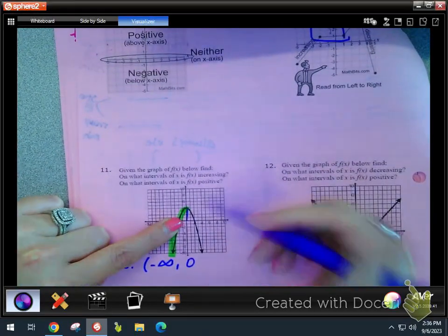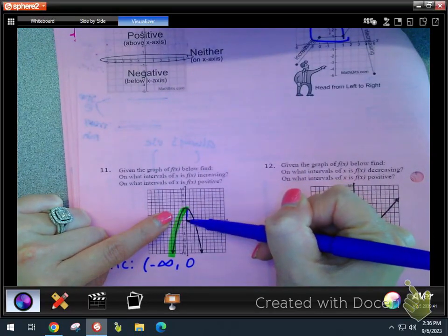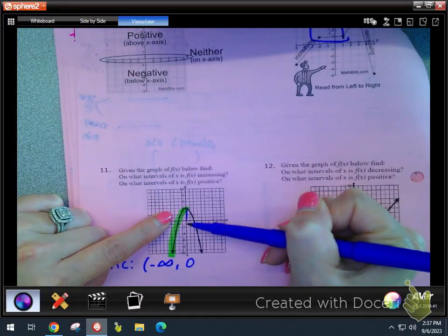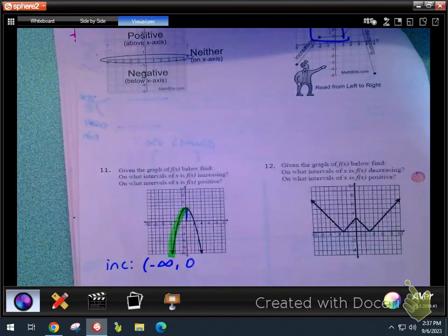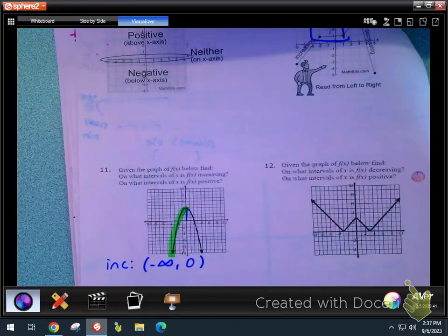Notice, it may be hard to tell, but I went to this maximum up here and took my line all the way down because I need that x value. 4 is not going to be a part of the answer. It's x value to x value. And I will use a parenthesis because 0 is where it changes. I'm not going to use brackets ever on increase and decrease. So that was increase.